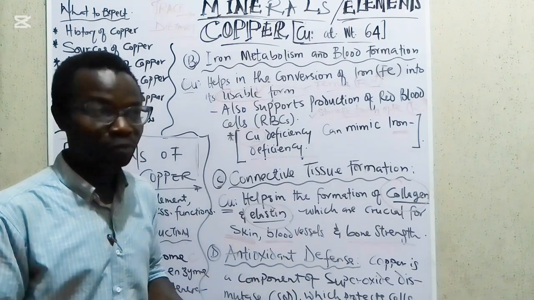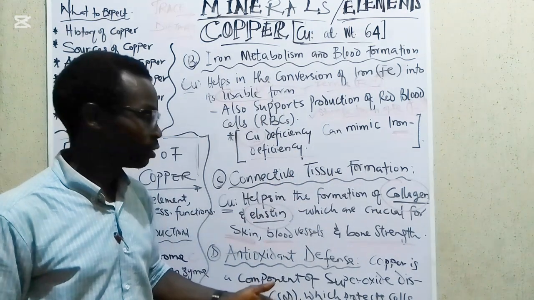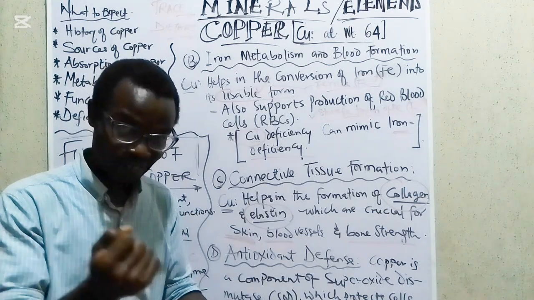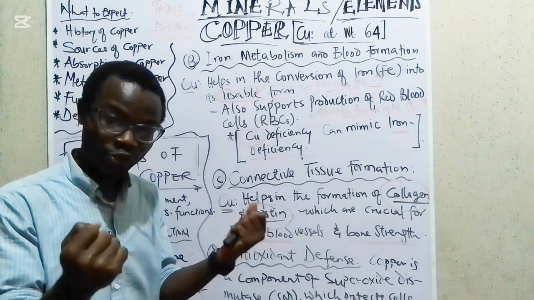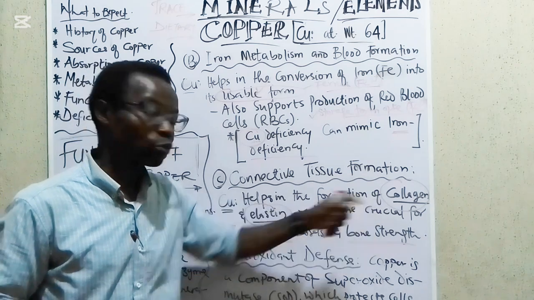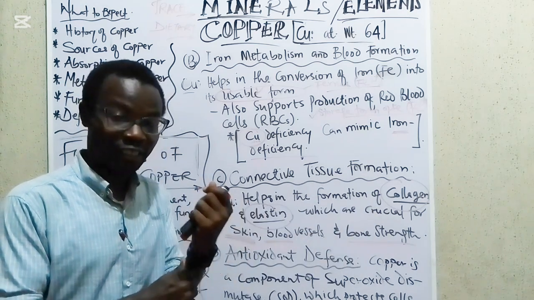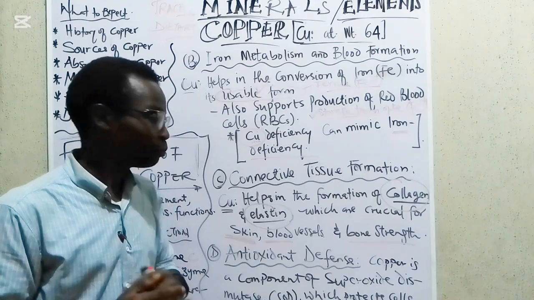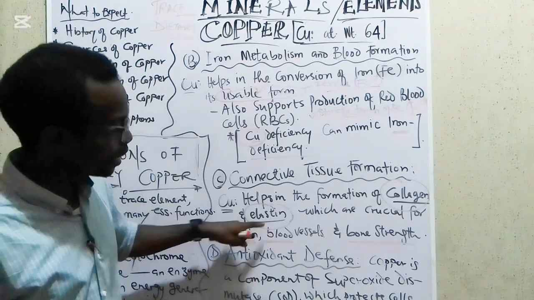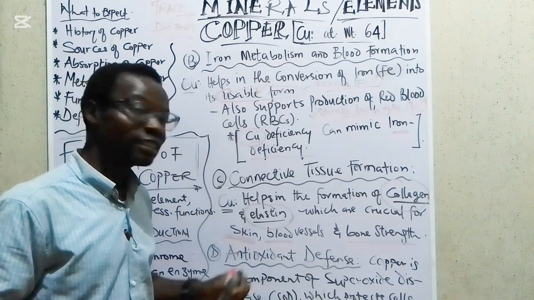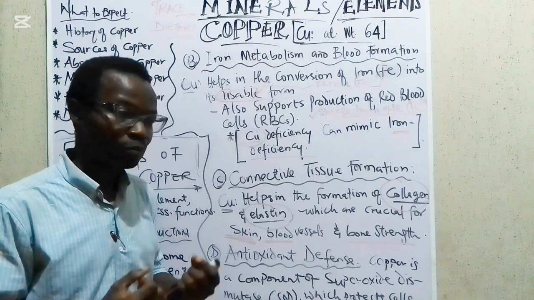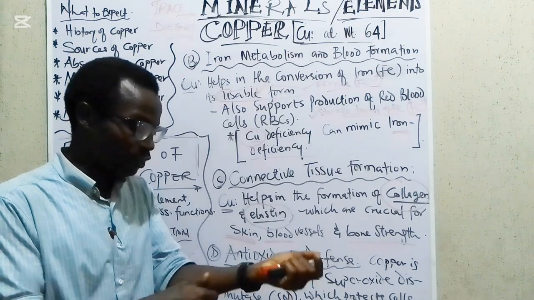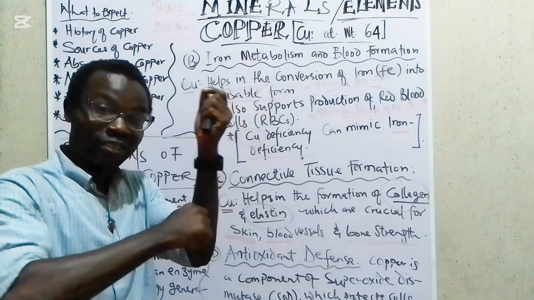Now put it this way, in the building of a house, collagen is like the iron rod that ensures strength, and the skin is the cement and the iron strength, right? On the other hand, elastin is that which ensures that the skin can stretch. You can see your skin, pulling it, it can stretch.